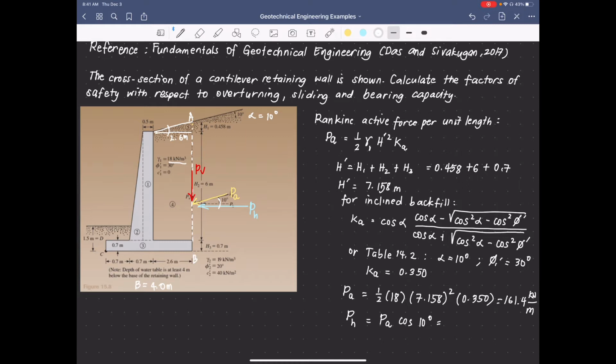So P sub H becomes 161.4 multiplied by cosine of 10 degrees, and that will be equal to 158.95 kilonewton per meter.